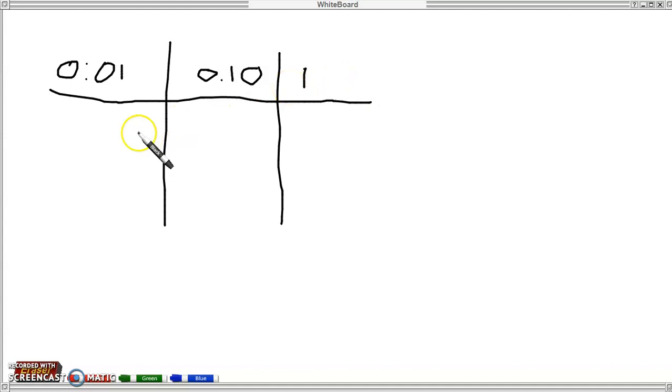So for instance, if you're in this category, this is the 0.01 lot size. What this actually means is that you are risking 1 cent per pip.